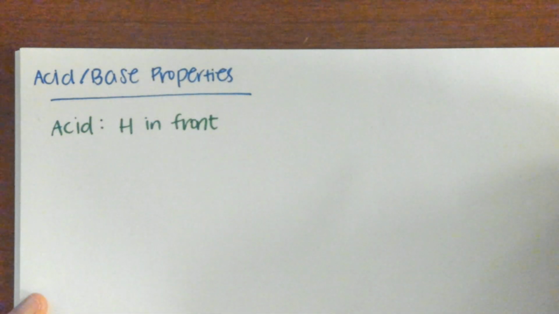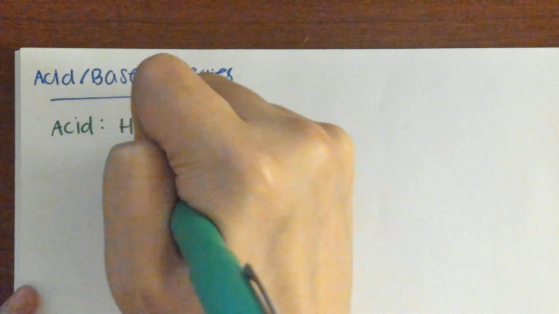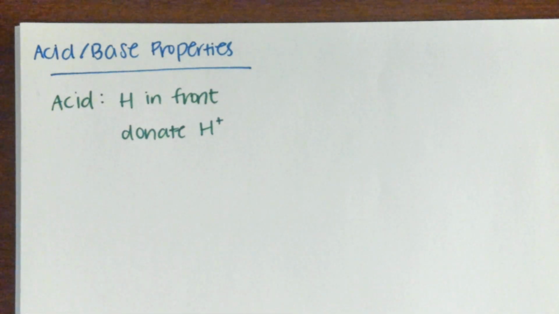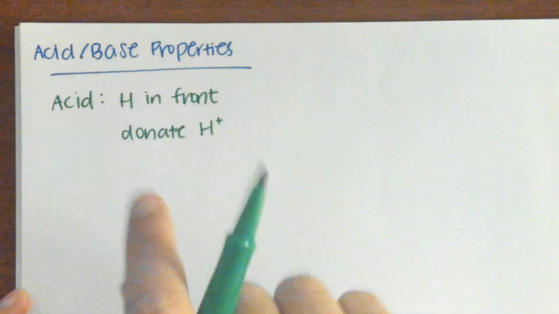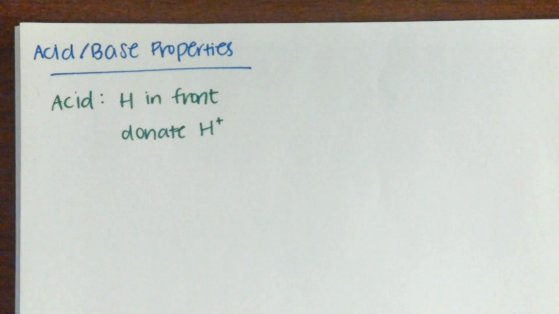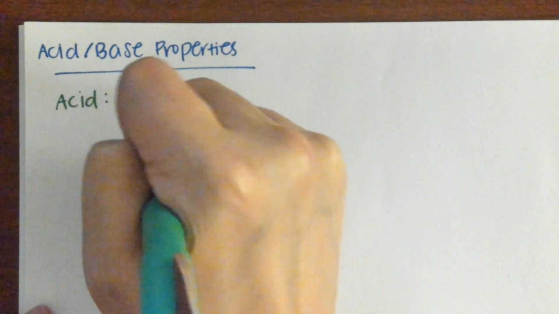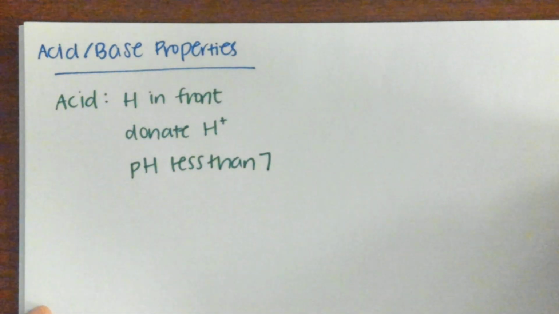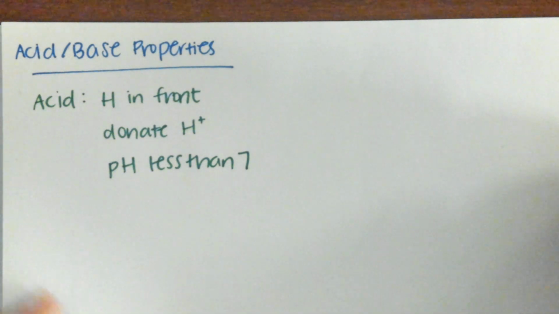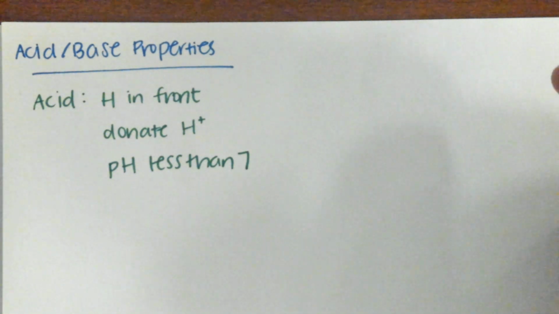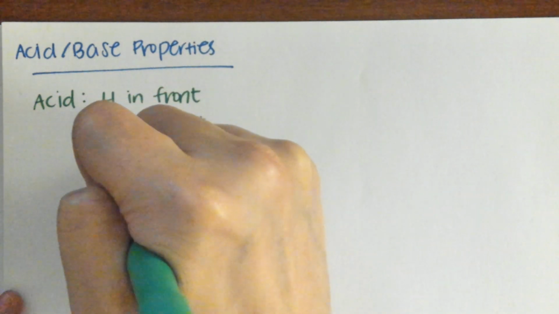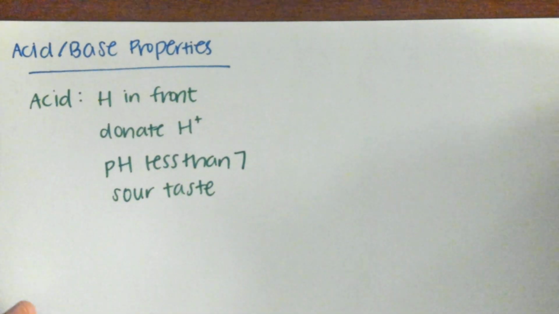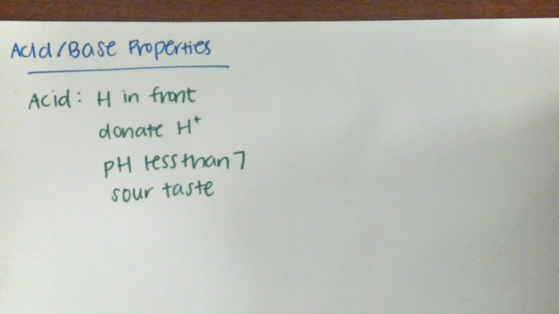And another thing that you need to know about acids is that they donate their hydrogen in a chemical reaction. And then another thing with acids is that the pH value of acids is less than 7. So those are the properties of acids that you need to know. And one other thing is that acids have a sour taste. So think of lemons. Lemon juice is an acid, hence having the sour taste.